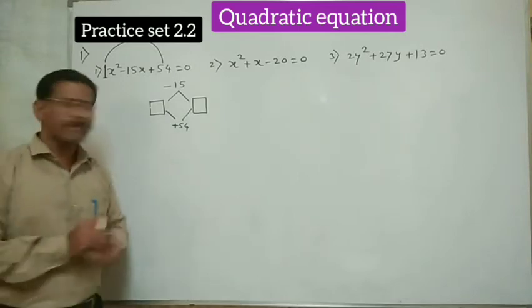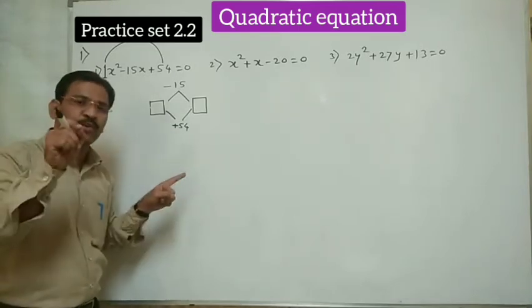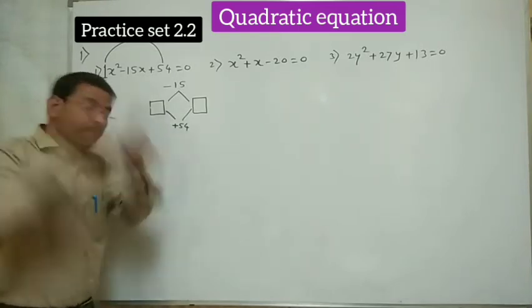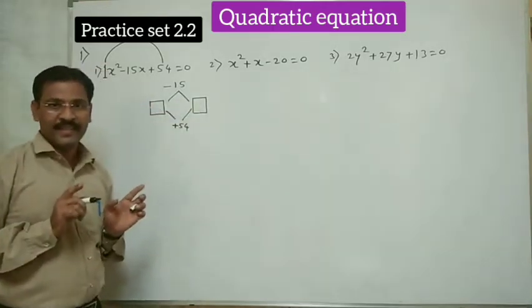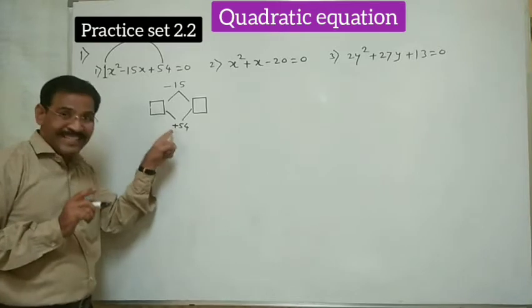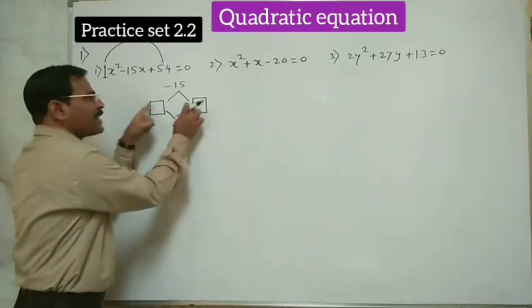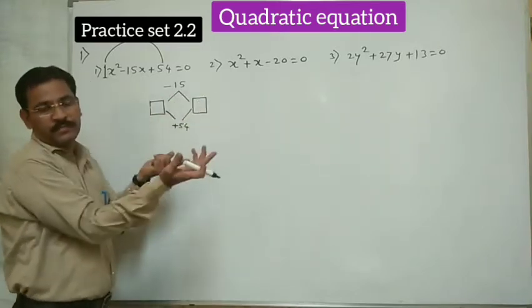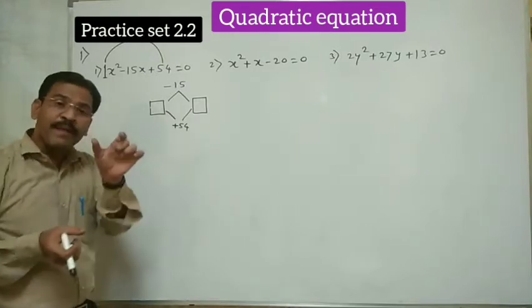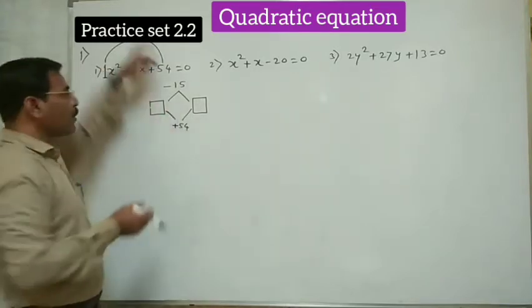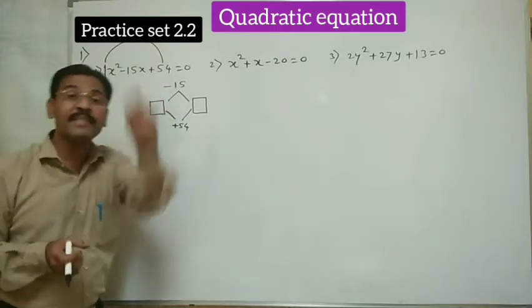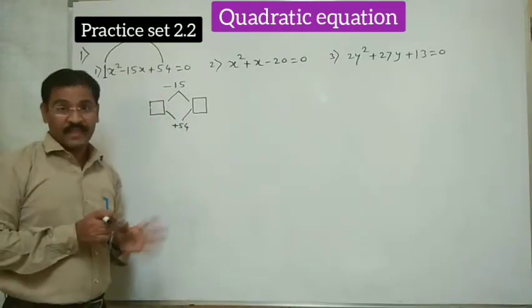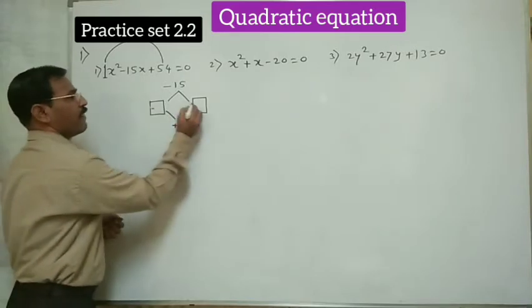Whenever the product is positive, both must be of the same sign. Either minus minus or plus plus. Which one depends upon their sum. Here the sum is minus 15, so they have minus signs. Like this we can find.